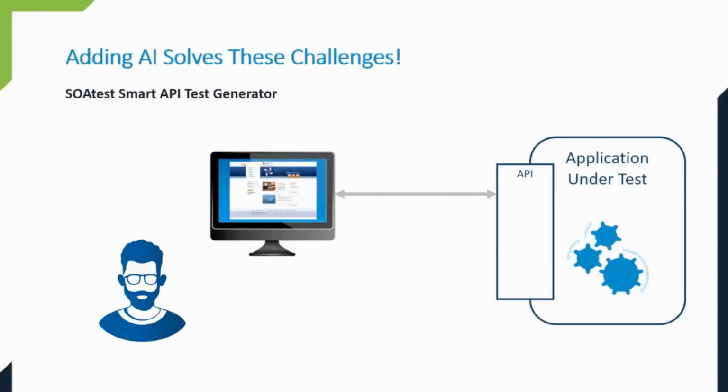So let's see how it works. Traditionally, when testing through the UI, you're not thinking about how the APIs work or how they're used. The UI already has all the business logic built in that's abstracting those details and orchestrating the sequence of API calls necessary to fulfill the needs of the UI workflows.